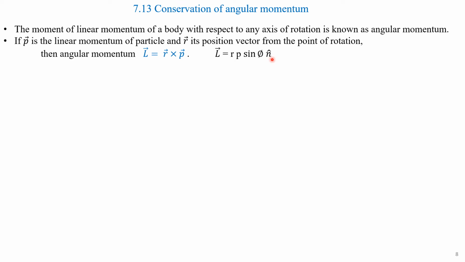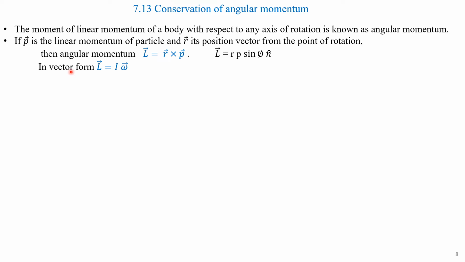Here r is the position vector, p is the linear momentum, and phi is the angle between r and p. The vector L is perpendicular to the plane of r and p, and hence it is represented by unit vector n, which is normal.